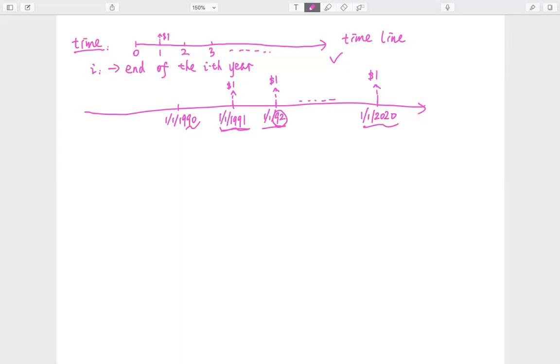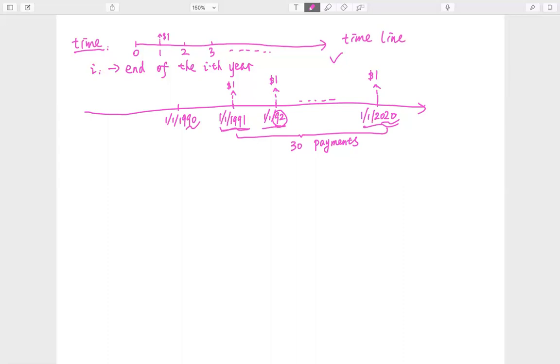So if you want to know how many payments there are at the end, it will be 2020 minus 1990. So it's 30 payments. So from here to here, I have 30.